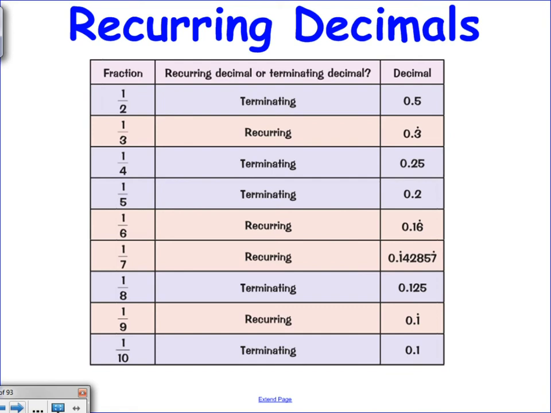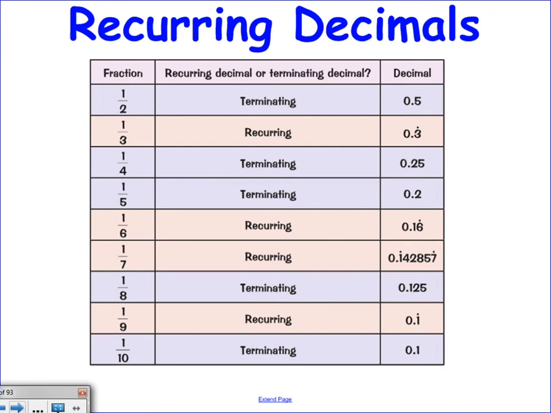Okay. So just in summary, let's look at our fractions up to a tenth. A half terminates, it's 0.5. A third is a recurring decimal, 0.33333. A quarter we know is 0.25. A fifth is 0.2. A sixth recurs, 0.166666666. A seventh we've just talked about, 0.142857, 142857, 1425.